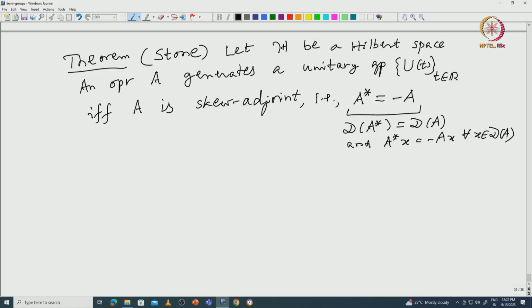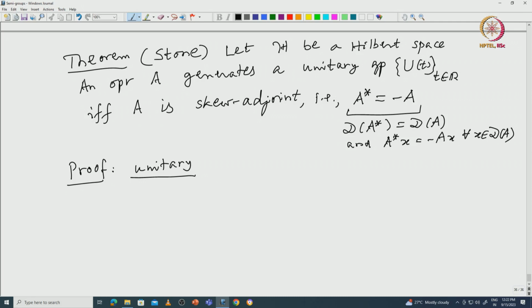Again, let me just sketch this proof. It is all hidden there. Stone's theorem is particularly useful for dealing with wave equations and Schrodinger equations, where we expect a unitary group to be generated.